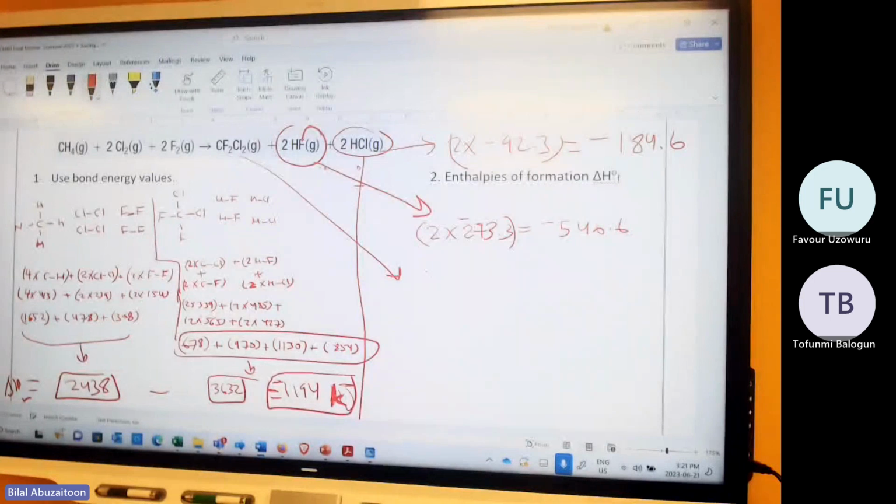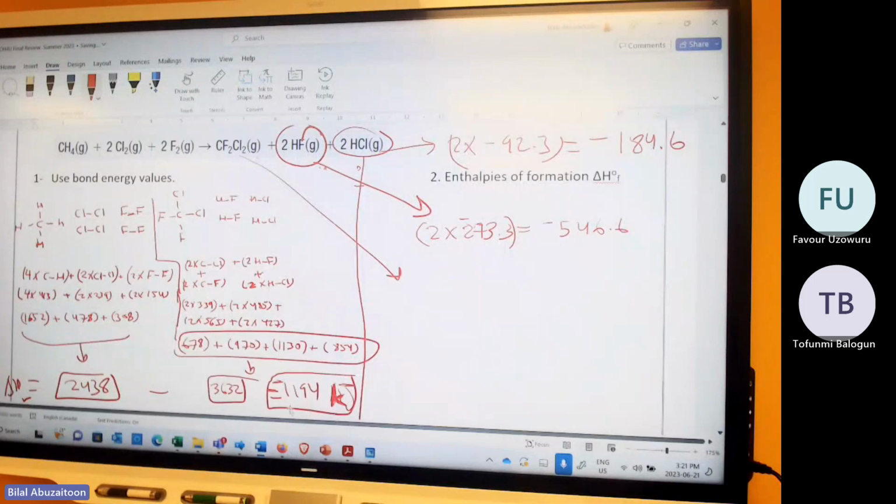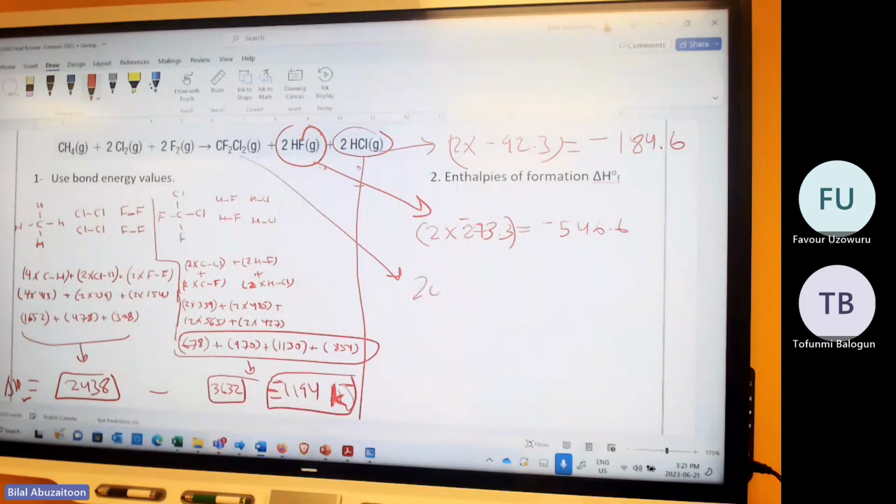CF2Cl2. Did you find it in Google? No? Okay, whatever. Let's suppose this is 2000. Now add this to this to this all together.